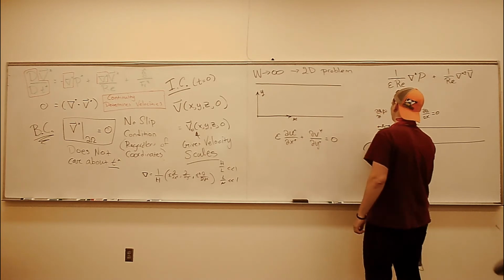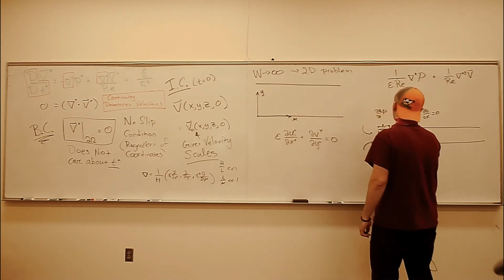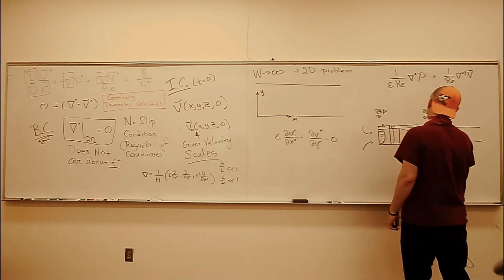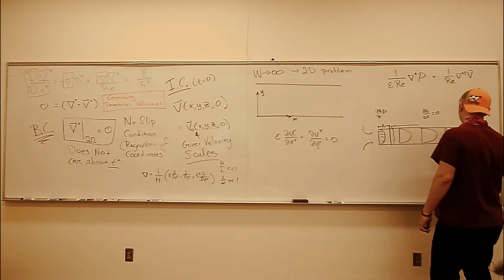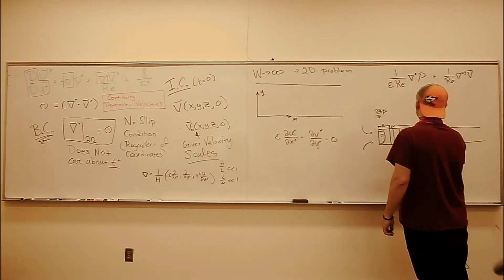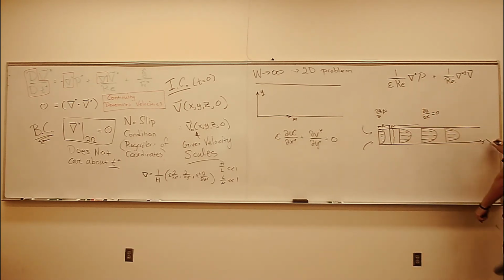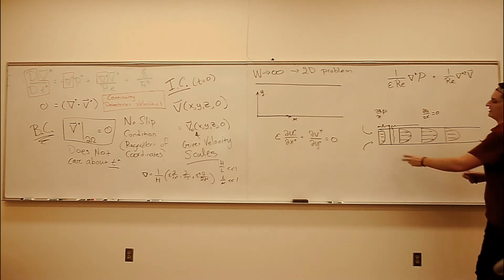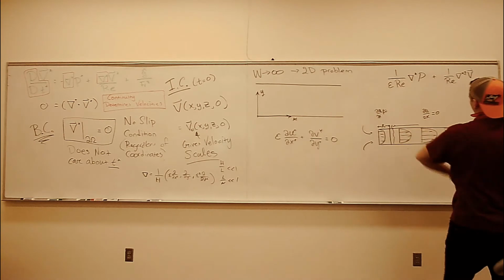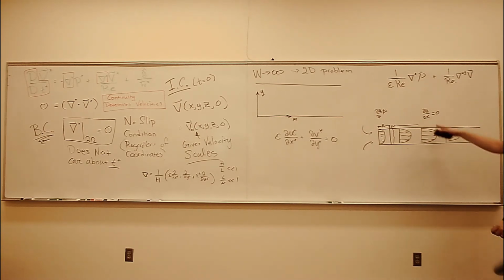So flow went in, I had developing velocity gradients, but eventually the velocity profile looked exactly the same no matter where I looked at it. If this is the x-coordinate, after a certain point where the pressure has come to a constant relationship, we can derive that there can't be a change in the velocity profile as a function of x.